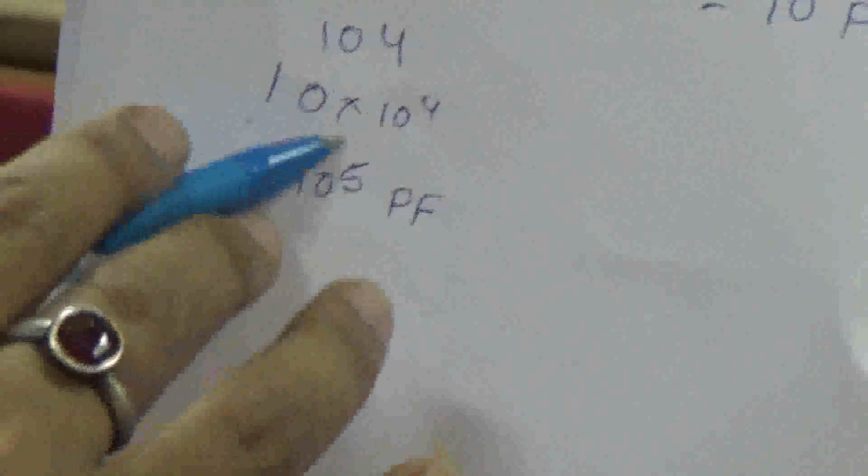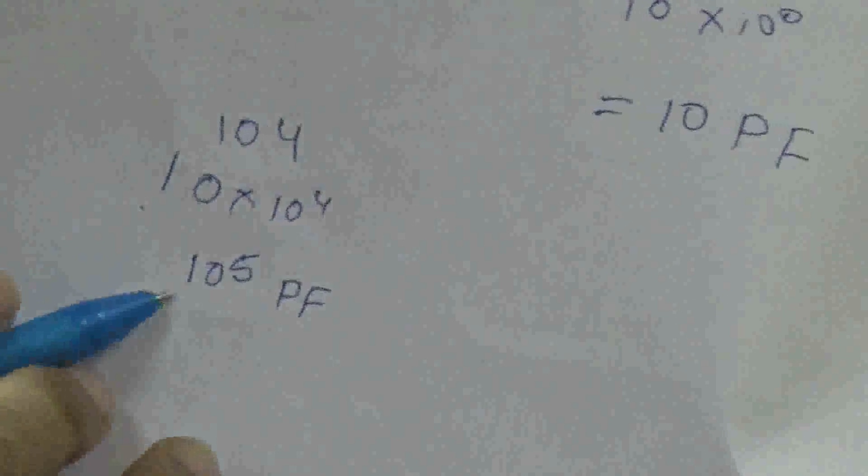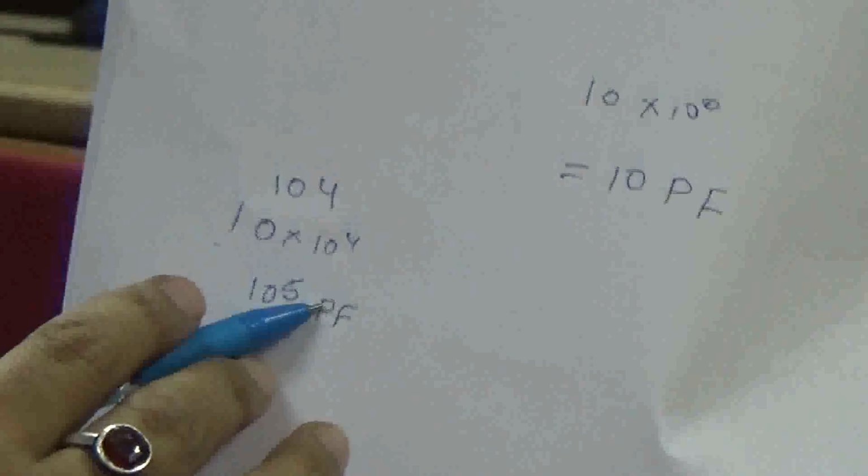In the second capacitor, it is written as 104, which means 1, 0, and the third digit indicates 10 raised to power 4. So the total is 10 raised to 5 picofarad.